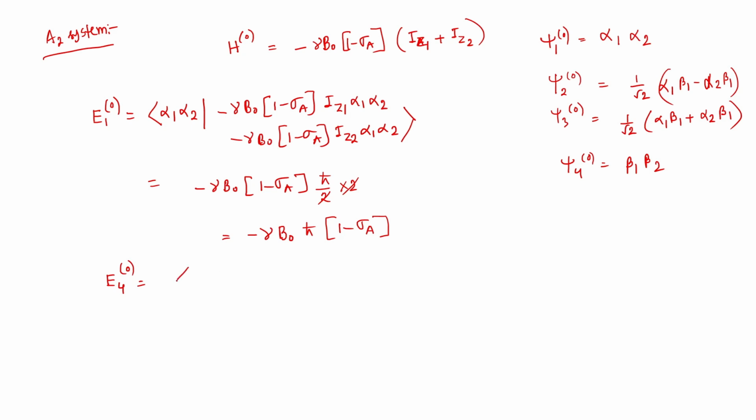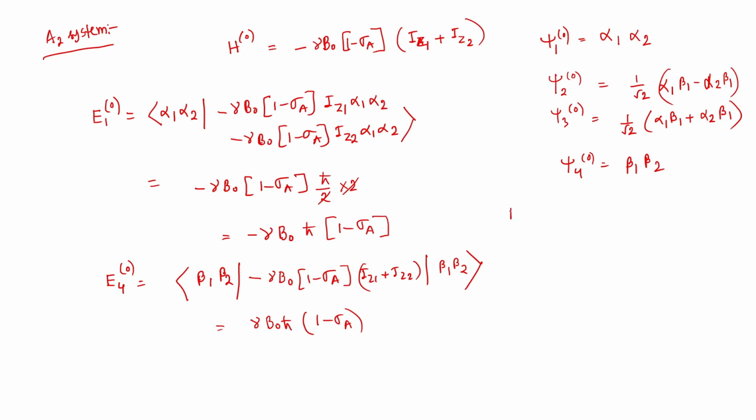Let us see what we are going to get for beta 1 beta 2: minus gamma B naught (1 minus sigma A) (I_z1 plus I_z2) working on beta 1 beta 2. This is going to be the same as this, but I_z1 working on beta 1 beta 2 is going to give me minus h cross by 2, so I am going to get the same thing but with a different value, h cross, 1 minus sigma.